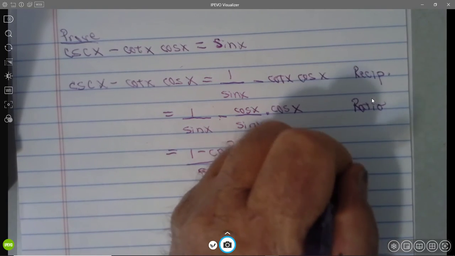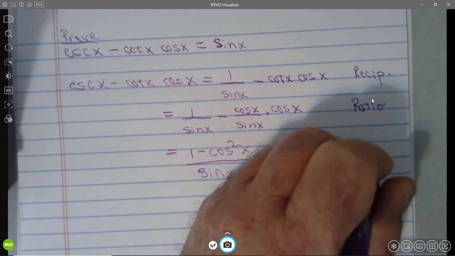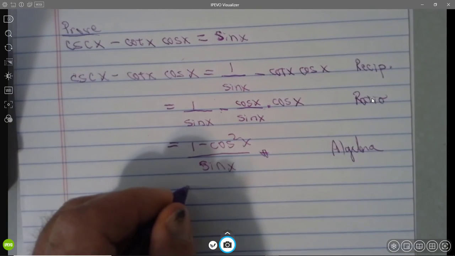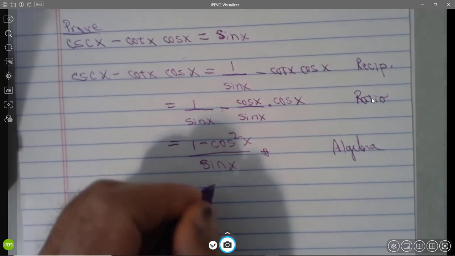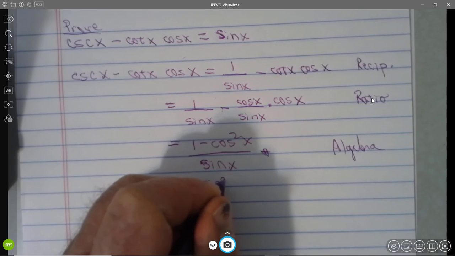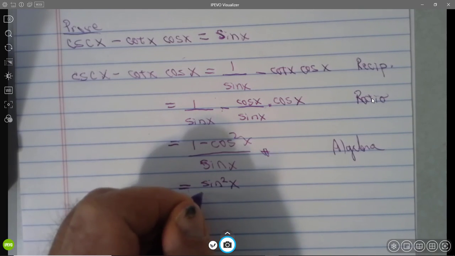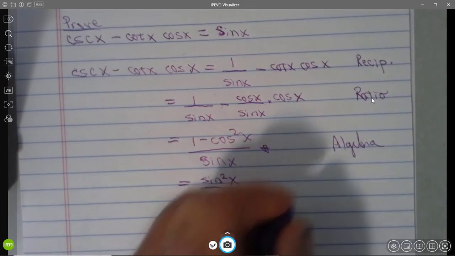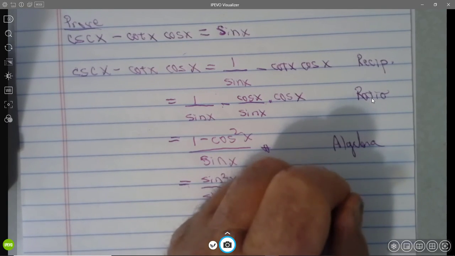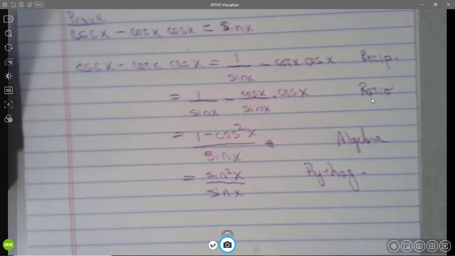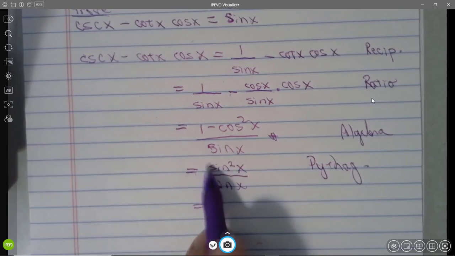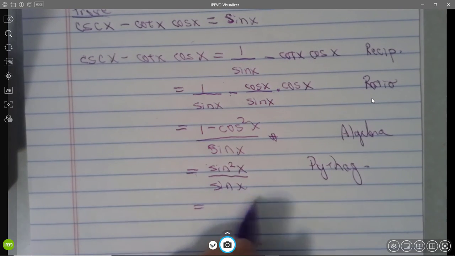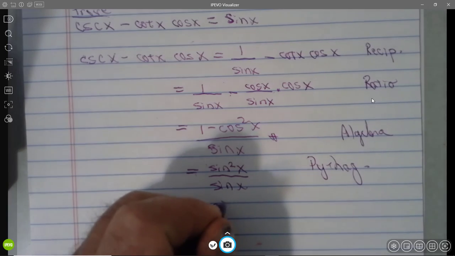This is a step of algebra. Then, 1 minus cosine squared is sine squared. That is a Pythagorean identity. And finally, the square of the sine of x divided by the sine of x is sine of x.